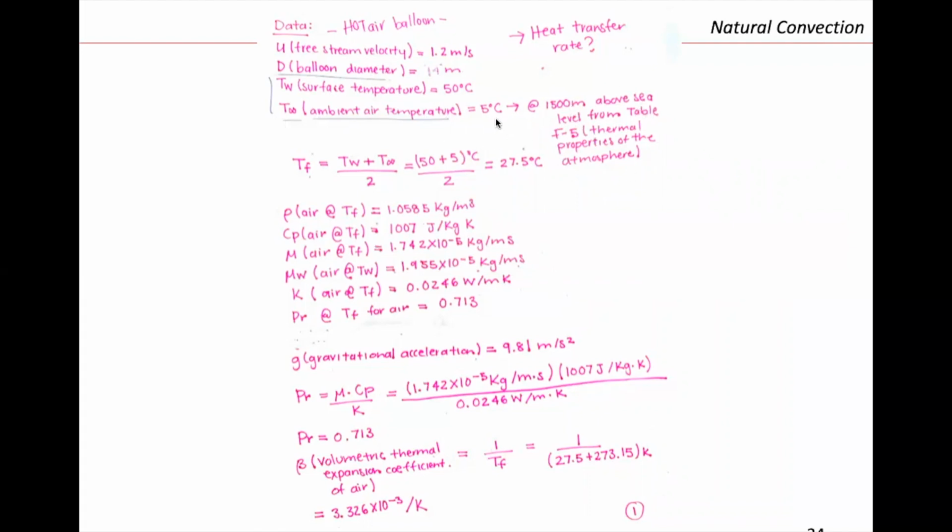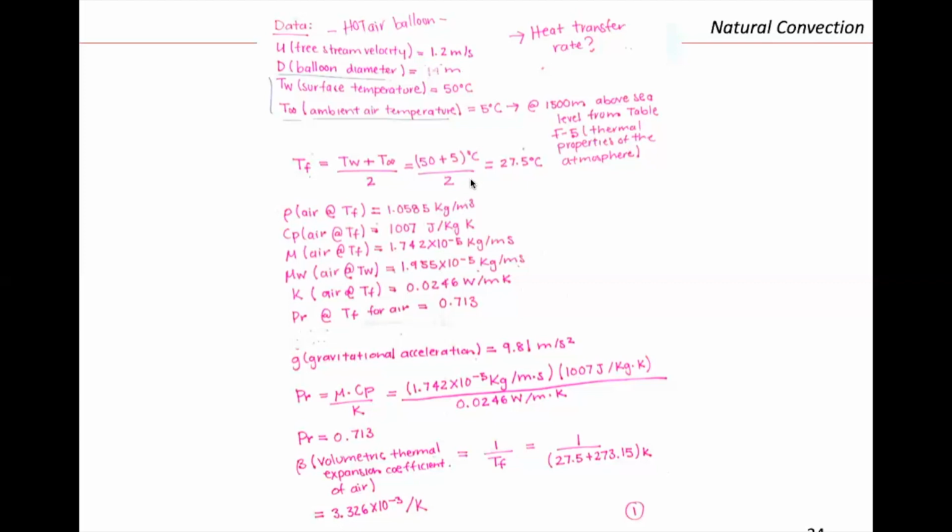So this is the temperature of the surroundings, or the ambient temperature, at 1,500 meters above sea level. And this is from another textbook, but it seems your book also has this value. So it would be 5 Celsius, the temperature of the air at 1,500 meters above sea level.